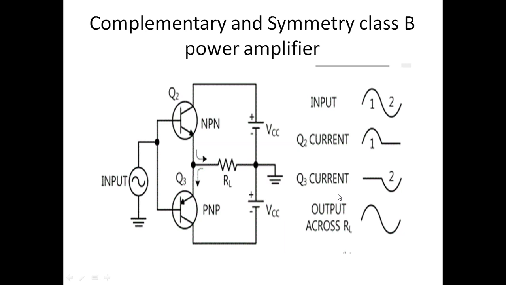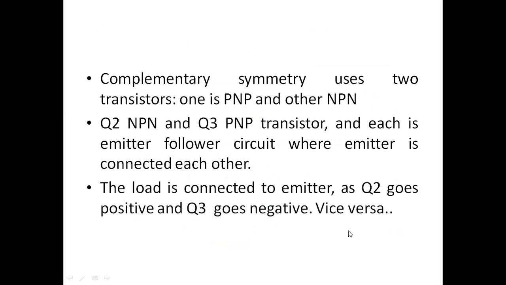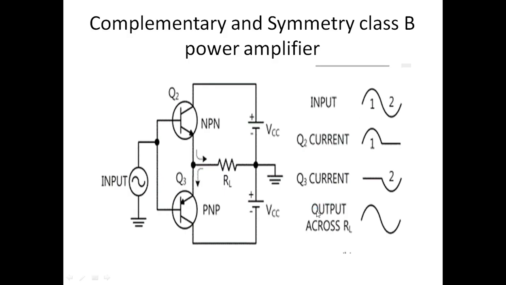Now the output appears across RL through Q3. The output across the load resistance RL appears like this, a combination of these two, but at a time only a half cycle appears.